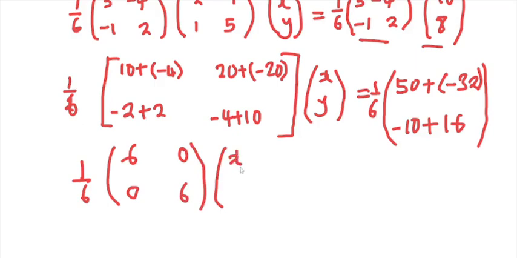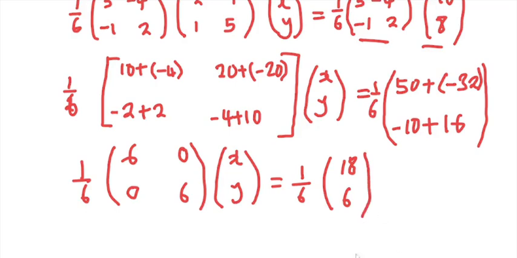Then we write x, y, equal to 1 over 6, then 50 plus -32 gives us 18. -10 plus 16 gives us 6. So this is what you get.